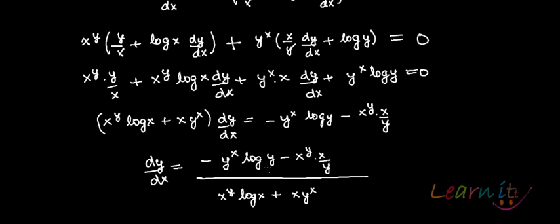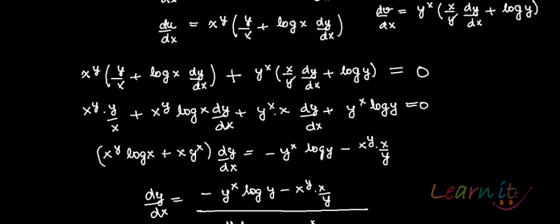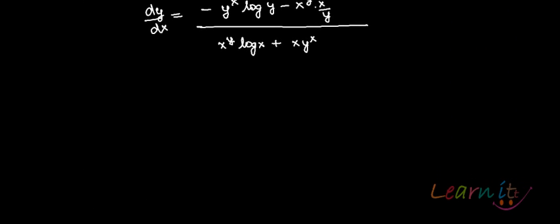You can further simplify this, but you can leave it here also. So this is one example when you have an implicit function. Let us look at one more example.